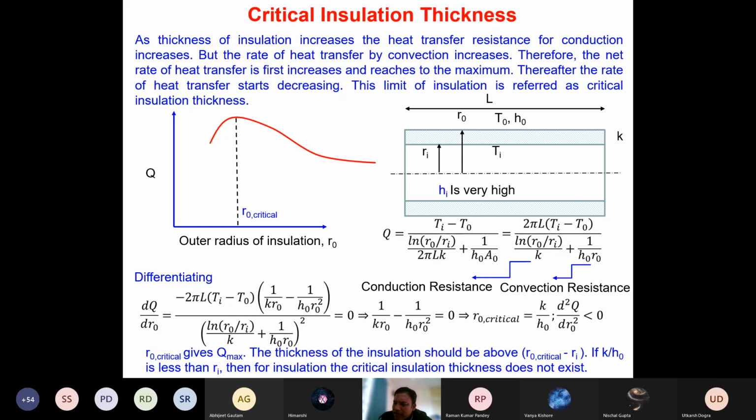But there is a conduction resistance because of the insulation outside this pipe, and then there is a convective resistance from the insulation surface to the ambient outside. Inside temperature is Ti, outside temperature is T naught. The inside pipe radius is Ri, but the radius including the insulation is R naught. We are assuming the thickness of this metal pipe is very small, and the conductive resistance through the metal pipe is negligible. Is the system clear to everyone?